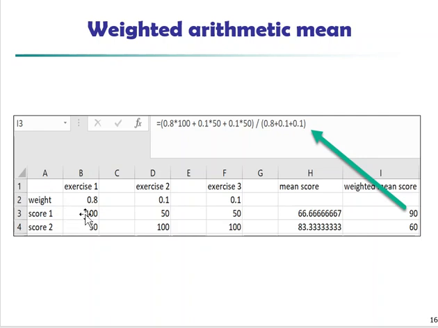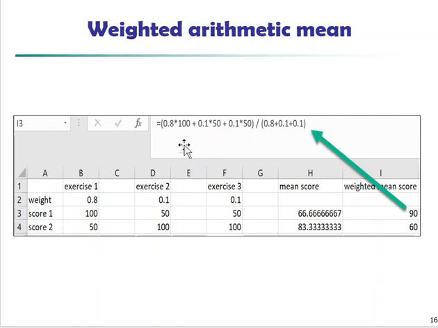This exercise is going to provide a more accurate estimate of student performance. And this student did 100 on this hard task, and we only give a mean score of 66. So this is a misleading score, and we can use the weighted mean, taking the weights into account.